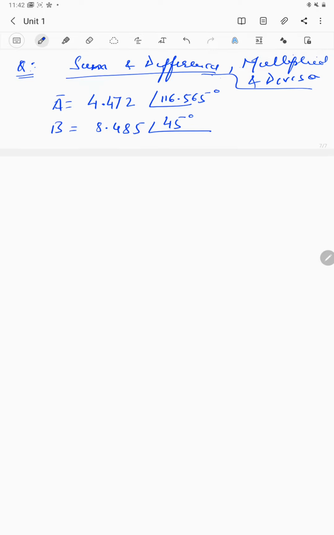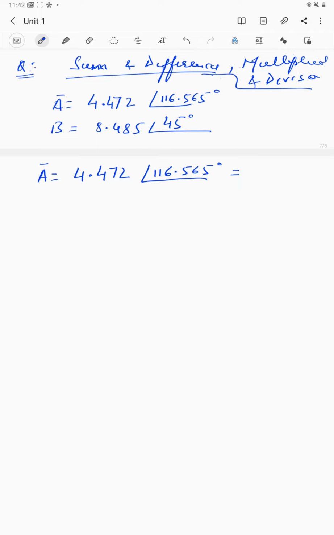Let us calculate this. We have A equal to 4.472, angle 116.565 degrees. This is in the polar form. Let's convert it into the rectangular form. How are you going to convert polar into rectangular form?